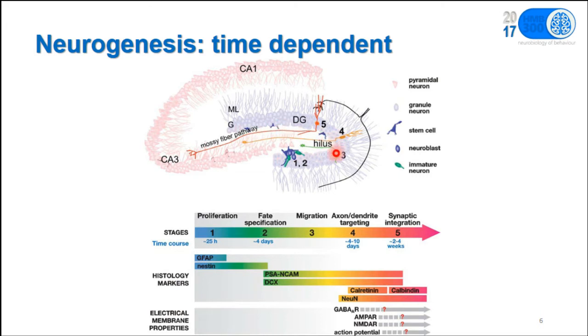One particular region of this is the subgranular zone layer, and this is where we would find those neuronal progenitor cells. From the time that these progenitor cells start to divide, migrate, and eventually form synaptic connections throughout the hippocampus, if you were to time it from today, we would find that on average it takes about 3 to 4 weeks.